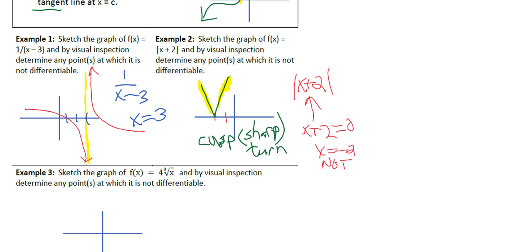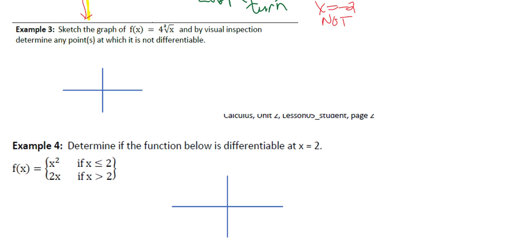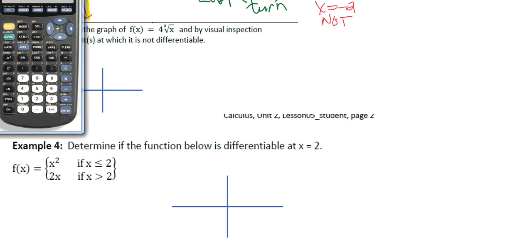Alright, and the next one's kind of interesting. Let's take a look at that on the calculator. I've already put this in. Let's see if we can move this over a little bit. Alright, having a little bit of difficulty.